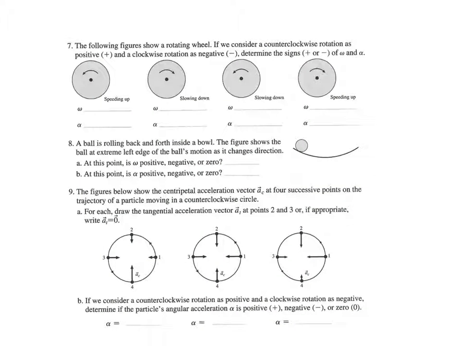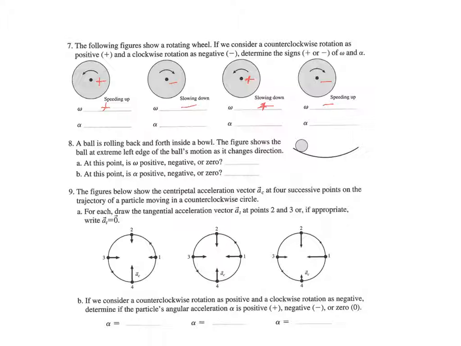All right, this is easy, right? So the direction would be positive there, negative there, positive there, and negative there. So just looking at velocity, we know it's plus, minus, plus, minus.